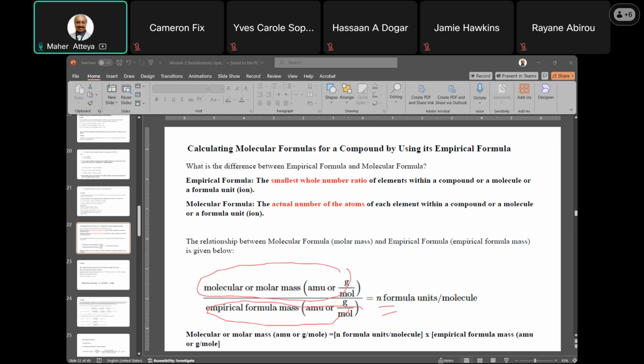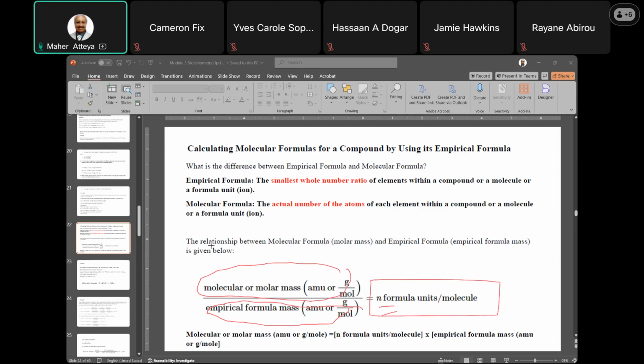So you get the N. With the help of N here, which is a formula unit per molecule, you can get the actual molecular formula, the actual one.